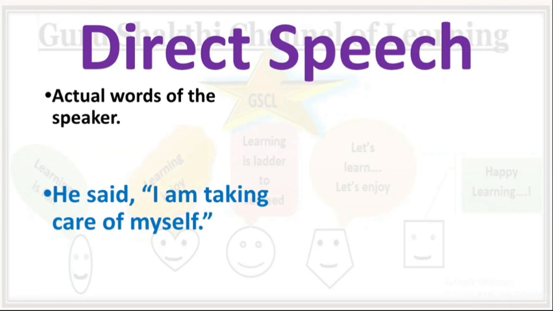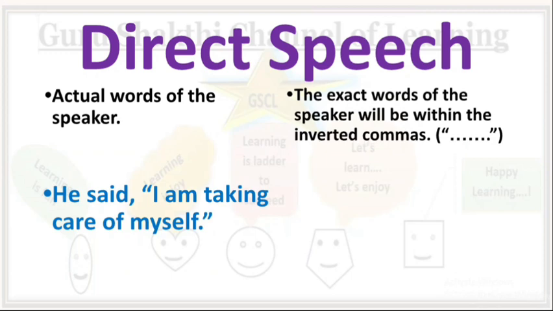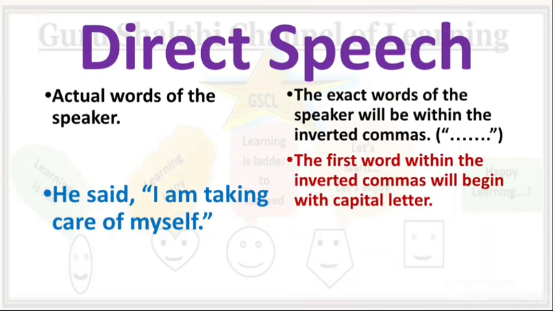There is a pattern that is followed. The reported speech is within inverted commas. First word within it begins with the capital letter. Here the first word is I, and of course wherever I will be there, it will be in uppercase itself.